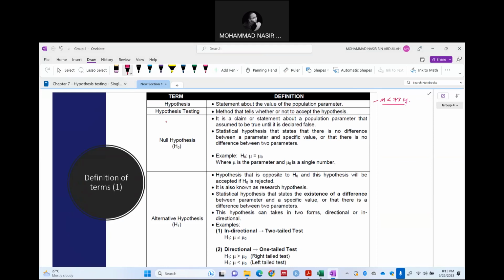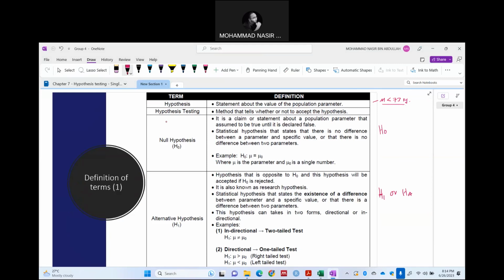There are two types of hypothesis: one is the null hypothesis, the other is the alternative hypothesis. The null hypothesis is denoted H naught, and the alternative hypothesis is H1 or HA. Some will put HA, but we will use H1 to indicate the alternative hypothesis.